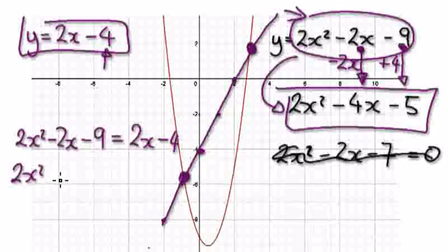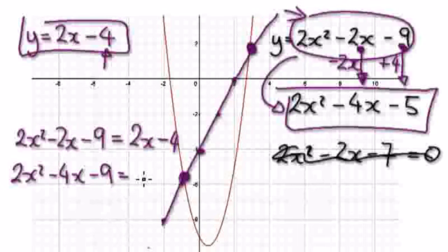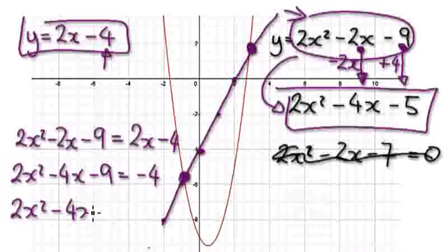So this will be 2x squared minus 4x minus 9 equals negative 4. And now let's add 4 to both sides. So this will be 2x squared minus 4x minus 5, and then we're adding 4 to both sides, so this equals 0.